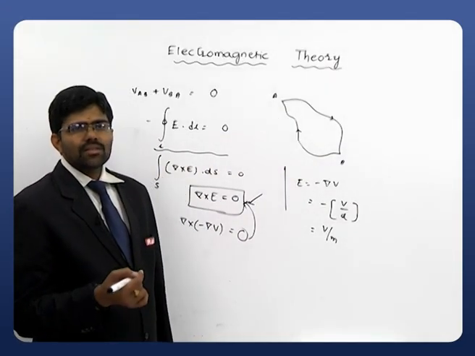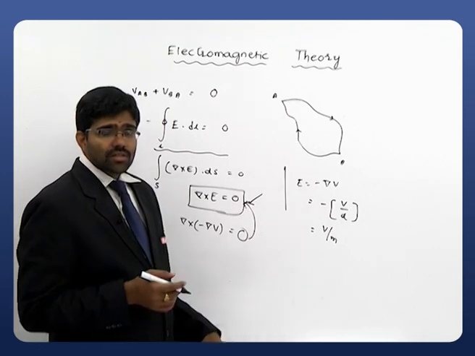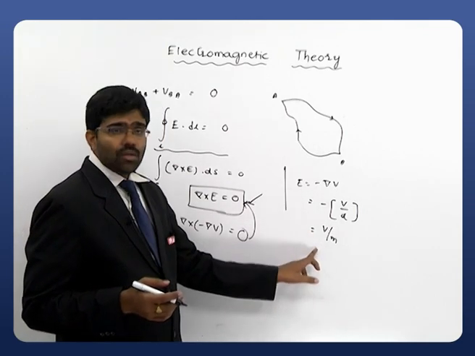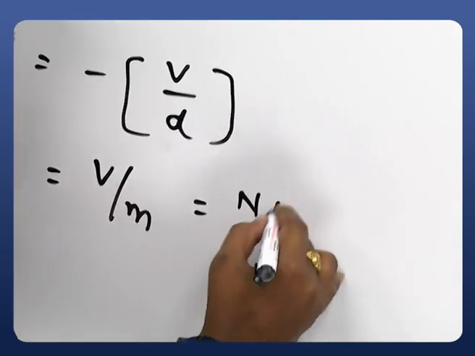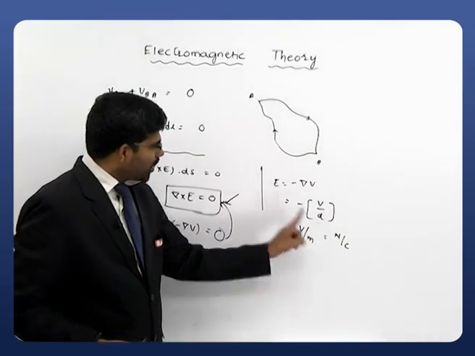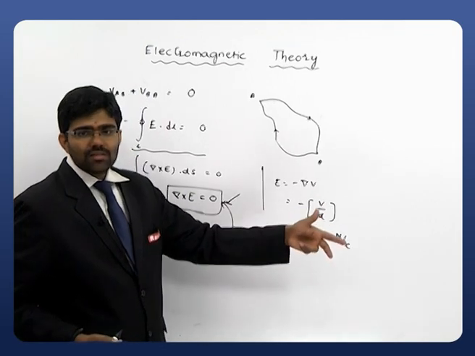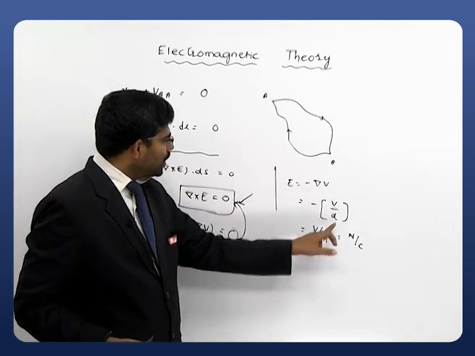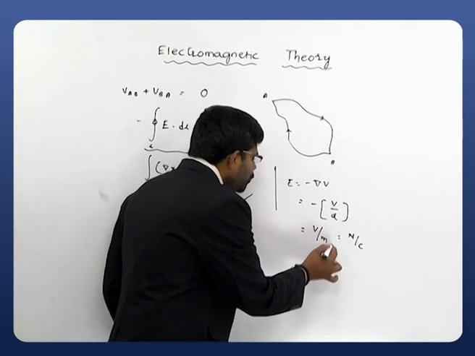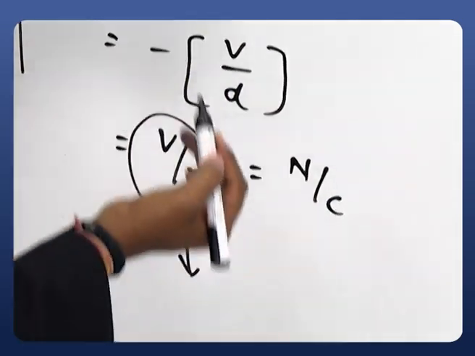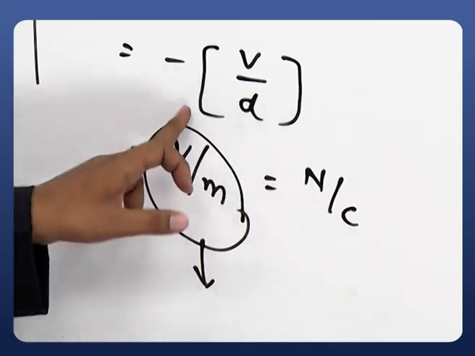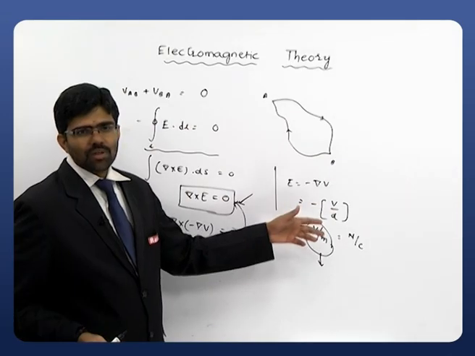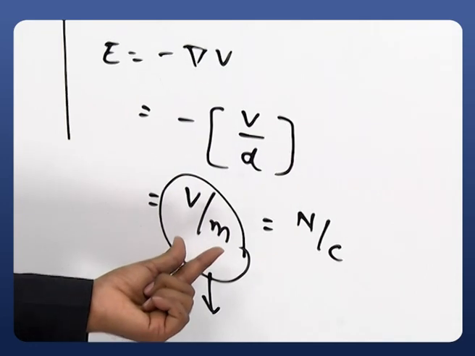Before that, we discussed one more unit for electric field intensity. What is it? Newton per coulomb, that is force per charge. But here we just took volt per meter. This is the most useful unit for our electric field intensity. We can use Newton per coulomb also, no problem, but volt per meter is the most expressive one that we use for electric field intensity.